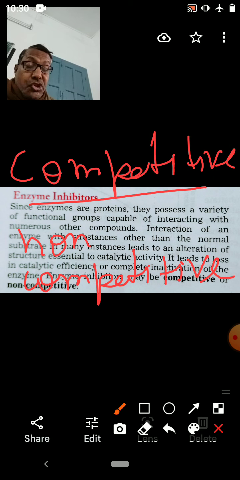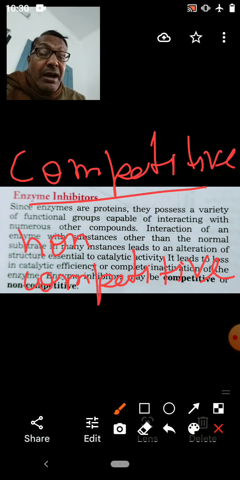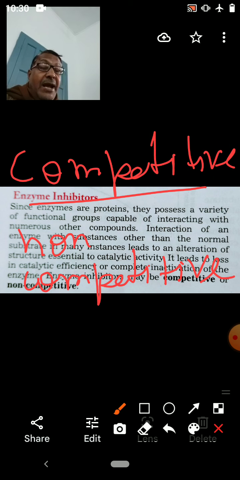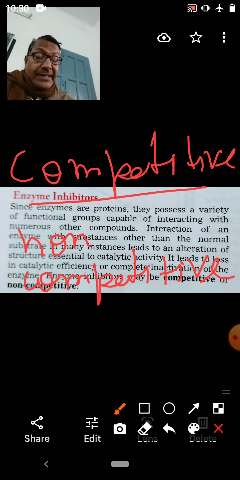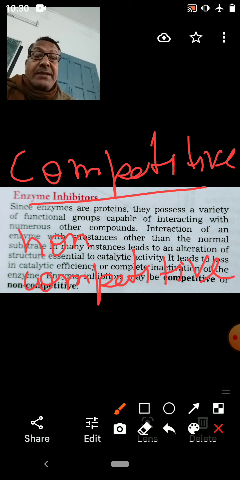They change the active site. They attach to some other place on the enzyme molecule, and after that the active site of the enzyme molecule changes. And when the active site of the enzyme molecule changes, the substrate molecules cannot combine with the enzyme. In this way, it stops the activity of the enzyme.